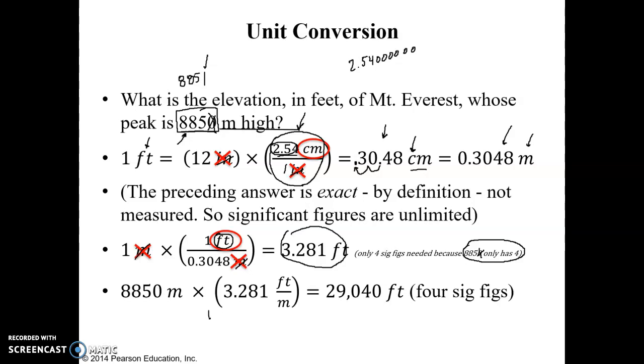So you will likely see some homework problems that ask you, what is the conversion factor? So one thing I want to point out here is that a factor is something that you multiply by. So it's not what you would divide by, it's what you would multiply by. So if the question was, in this case, what is the conversion factor to convert meters to feet? The answer would be 3.281.